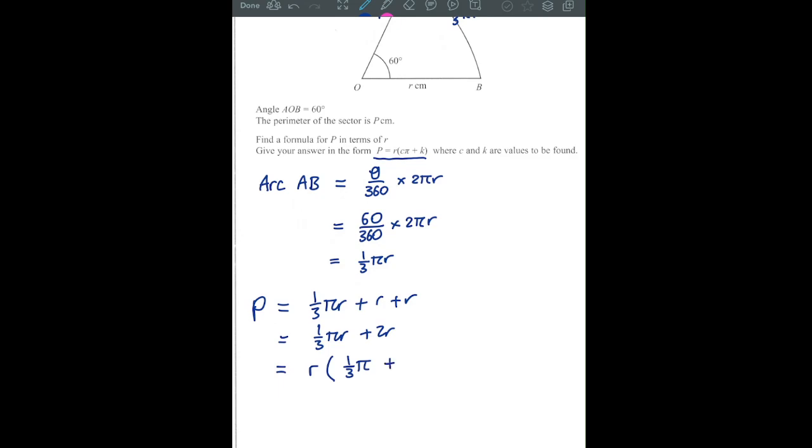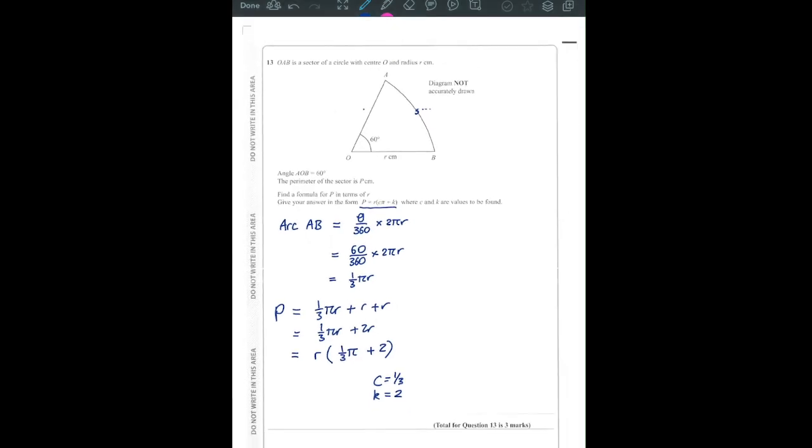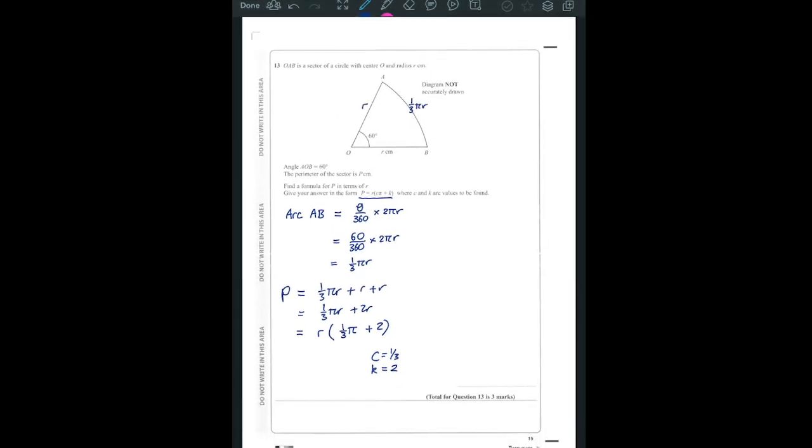And the 2r leaves behind a plus 2, which is the k. So the c is a third and the k is 2. A nasty question, but just using the skills even though they didn't give you all of the letters.